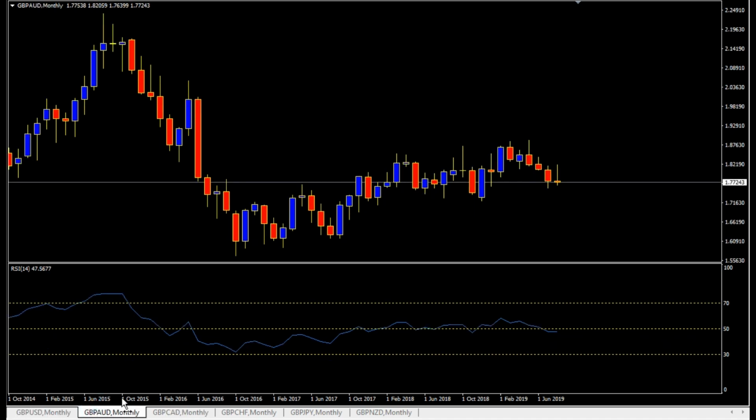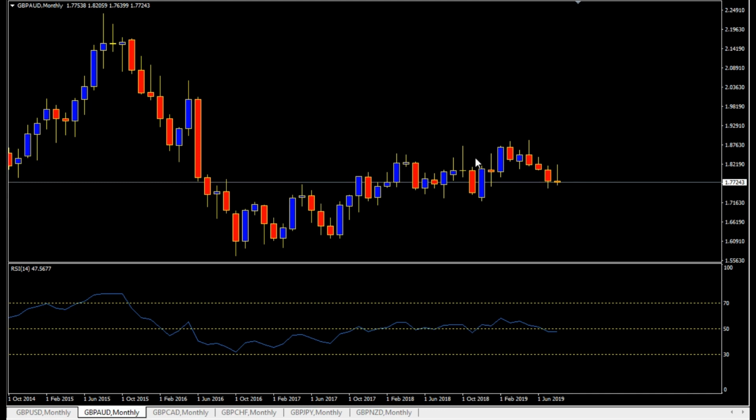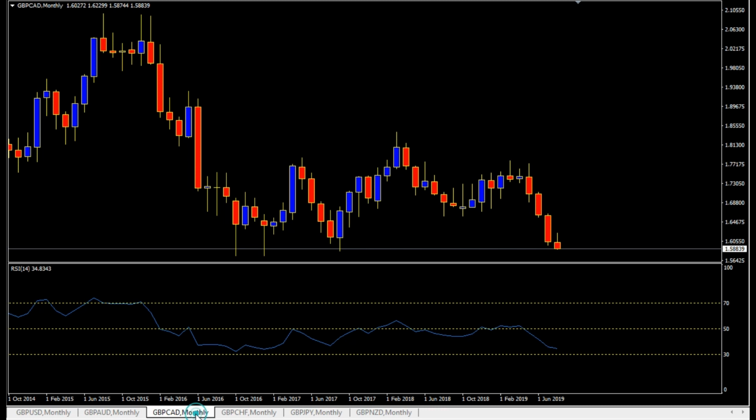Now this is the British pound against the Australian dollar, and this is a monthly as well. You see the last 4 months the market is coming down, and this is the previous support. So here the market can go up to here and bounce back. You can get about 500 pips from here. Anyway, first we examine all the monthly charts.